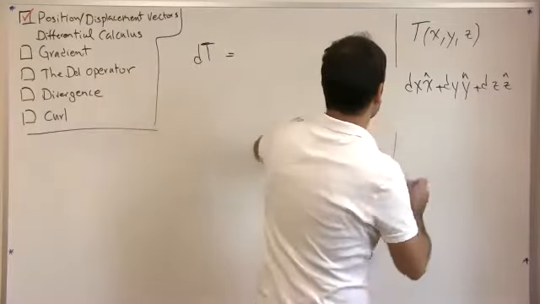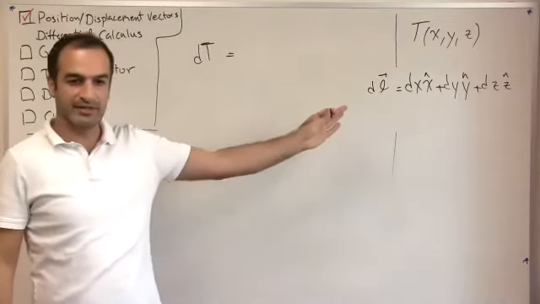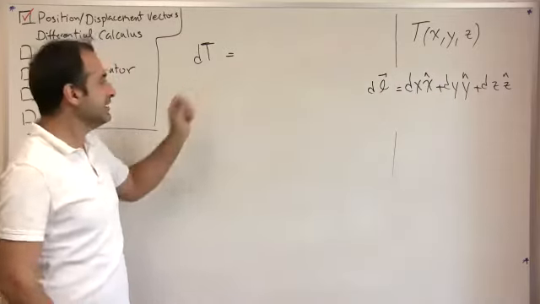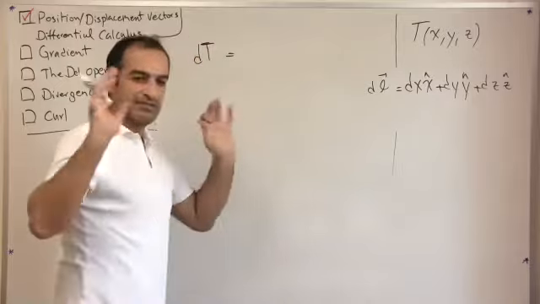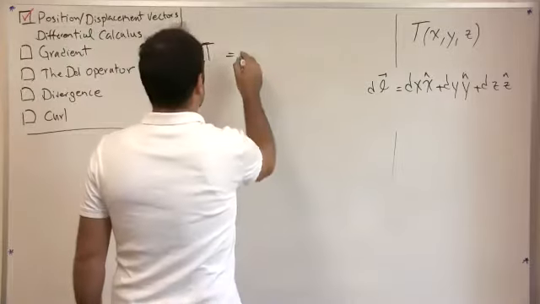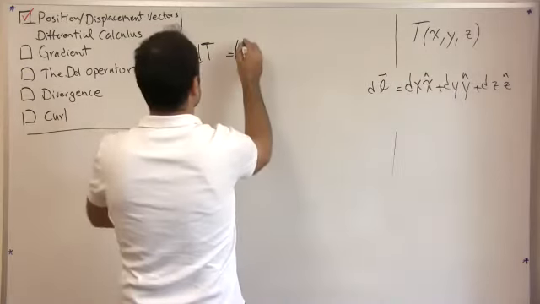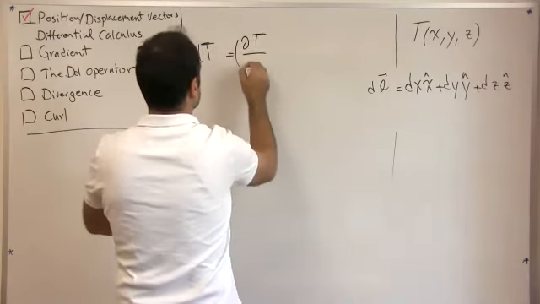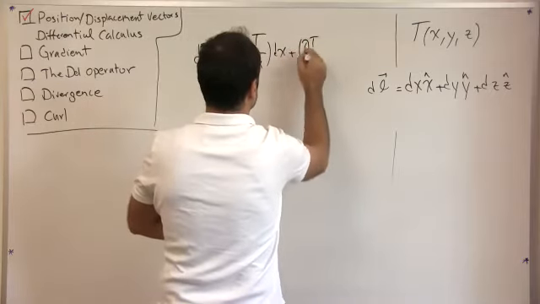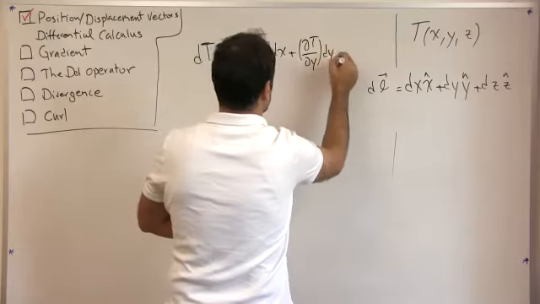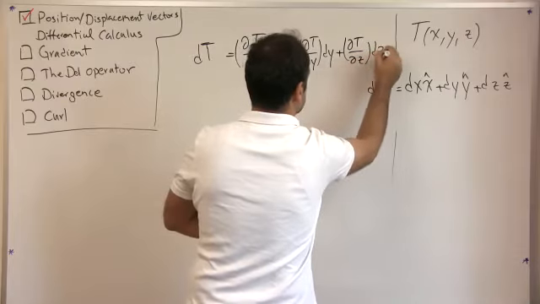And as a vector, we can actually write it in terms of dl, so a small, infinitesimal move in space. And then t is changing. Purely mathematical, forget about space and 3 dimensions. The theory of partial derivatives says that if t is a function of these 3 variables, any change should be equal to the partial derivative of t with respect to x times dx plus the partial derivative of t with respect to y times dy plus the partial derivative of t with respect to z times dz.